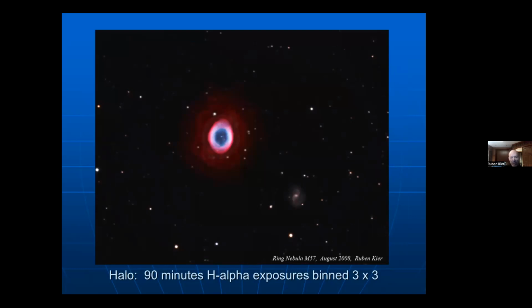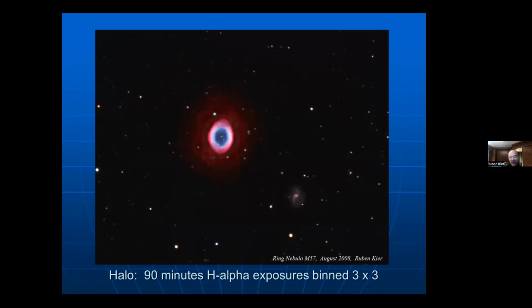This is the Ring Nebula. And for this halo, I knew from testing it out and experimenting that there was a lot of hydrogen alpha in the halo. So I wanted to get as much detail and exposure brightness as I could. So I even went to 3x3 binning in order to get enough data to get over the signal to noise.